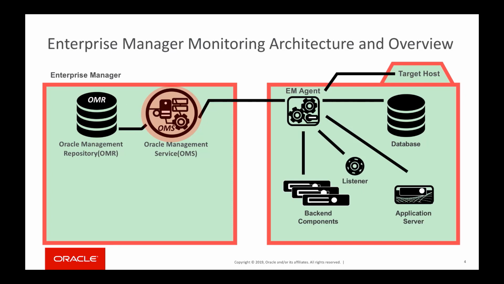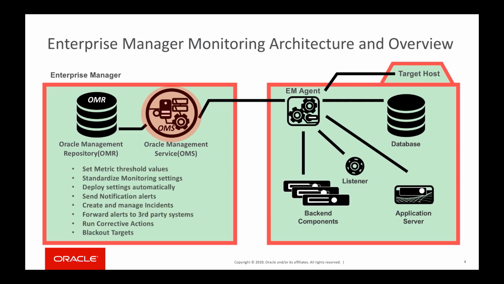And in regards to the monitoring configuration, that takes place mostly in the OMS piece. So what you can do in OMS is configure, first of all, the monitoring settings, such as metric threshold or collection timing for each metric in each target type.